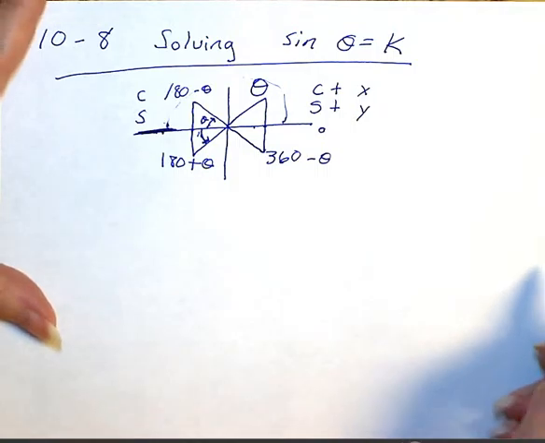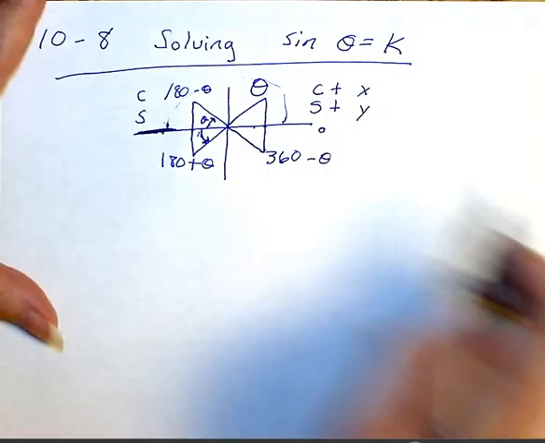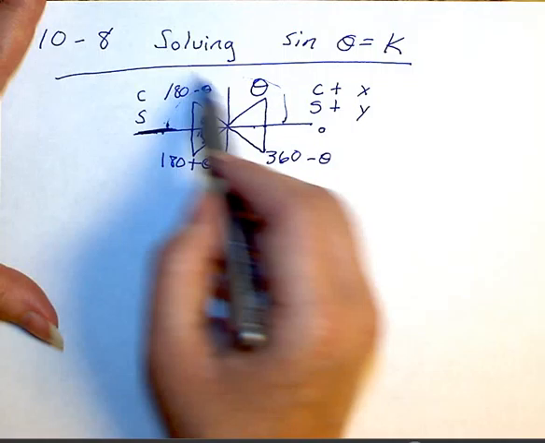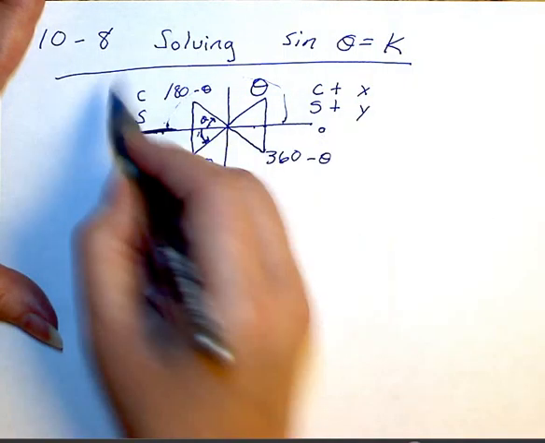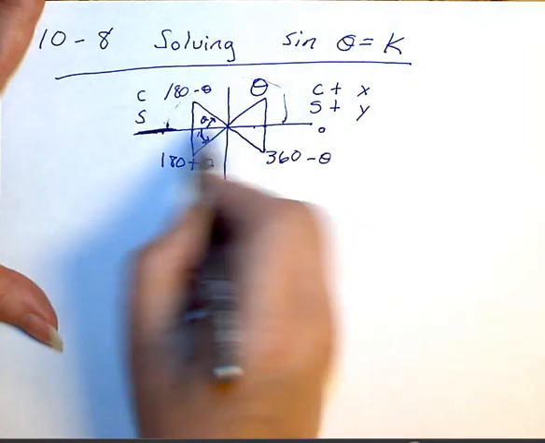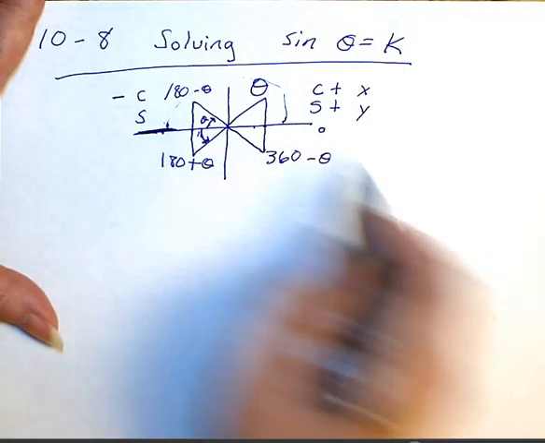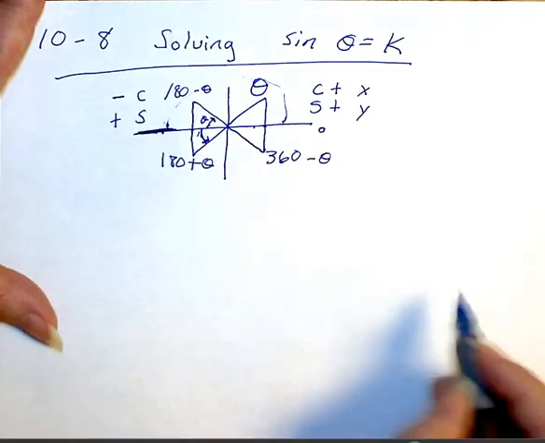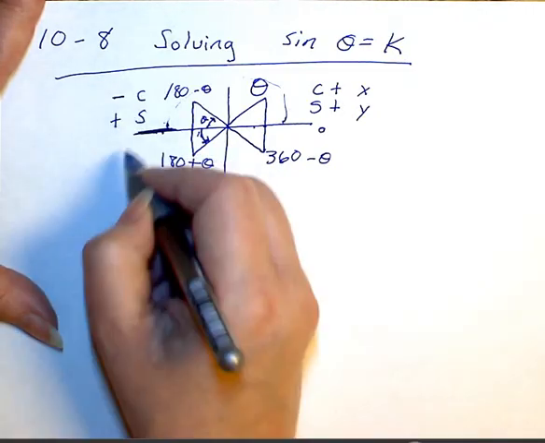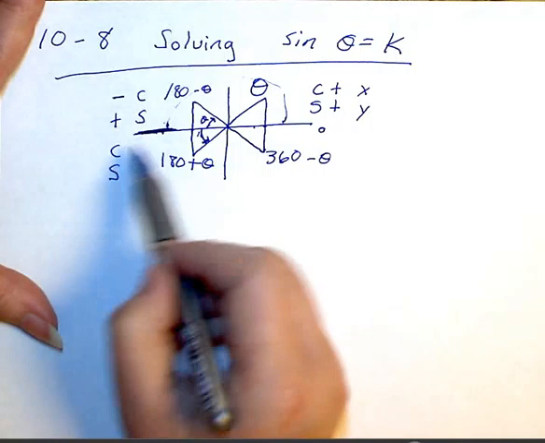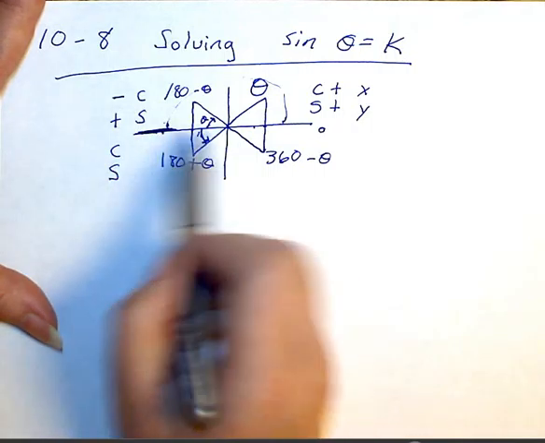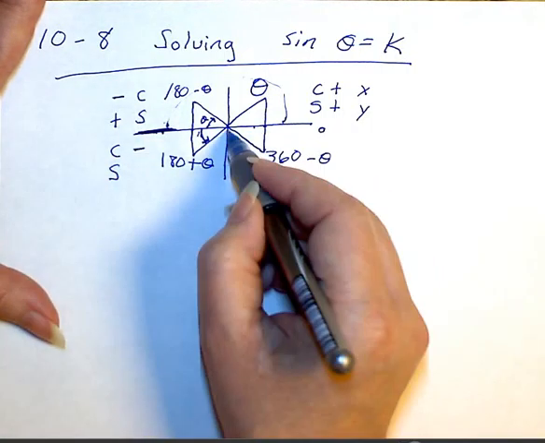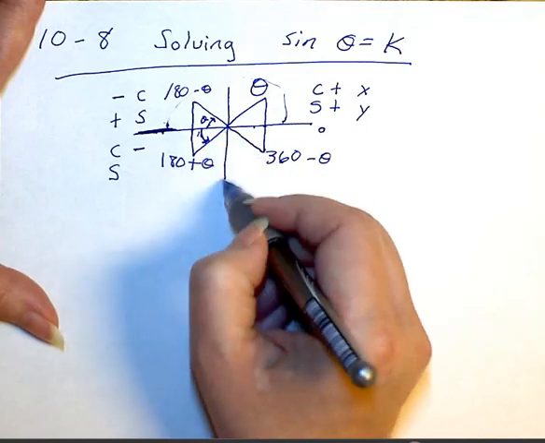Cosine is positive or negative in quadrant 2? It's your x, so this is negative. Sine is positive. Looking at your x values in quadrant 3, cosine is negative, and your sine is negative.